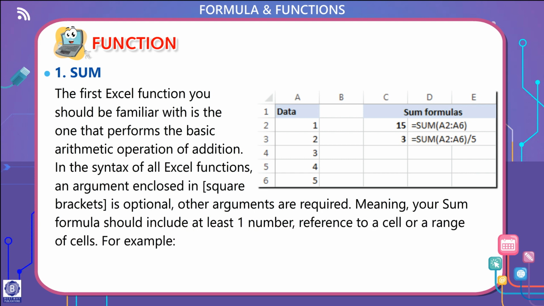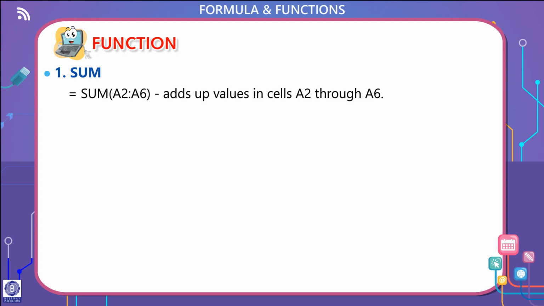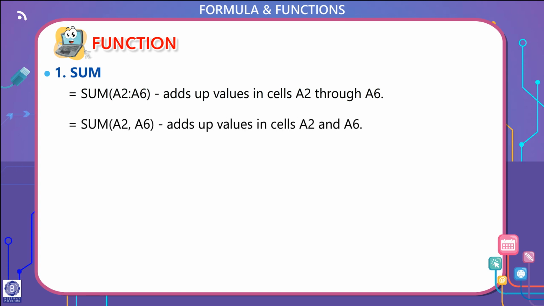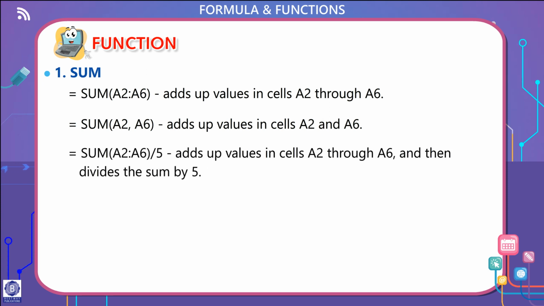For example, =SUM(A2:A6) adds up all values in cells A2 through A6. =SUM(A2,A6) adds up values in cells A2 and A6. =SUM(A2:A6)/5 adds up values in cells A2 through A6 and then divides the sum by 5.